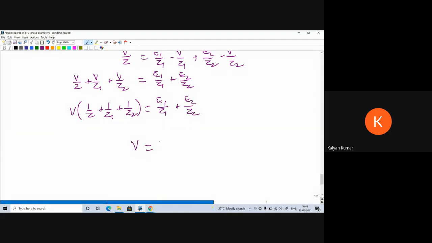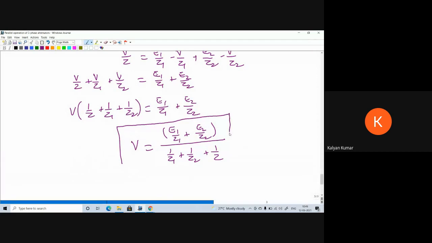Therefore, V equal to (E1 by Z1 plus E2 by Z2) divided by (1 by Z1 plus 1 by Z2 plus 1 by Z). So from this equation, we can get the terminal voltage of the load.